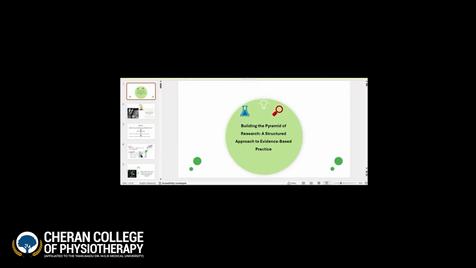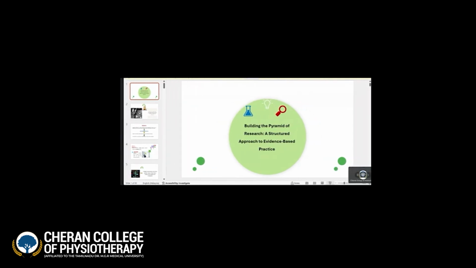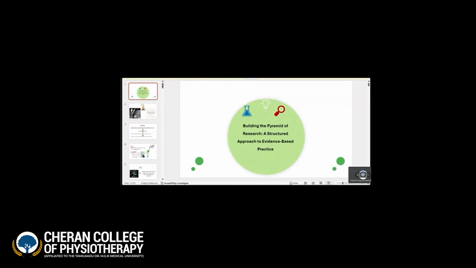Based on that evidence, we collect information through which we can reframe or reform our study or our research to make it an evidence-based, structured research pyramid. So we collectively understand the topic and contribute productively.